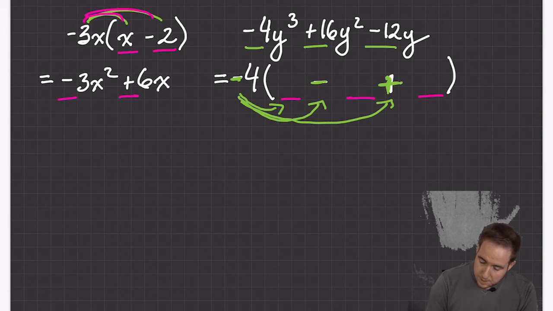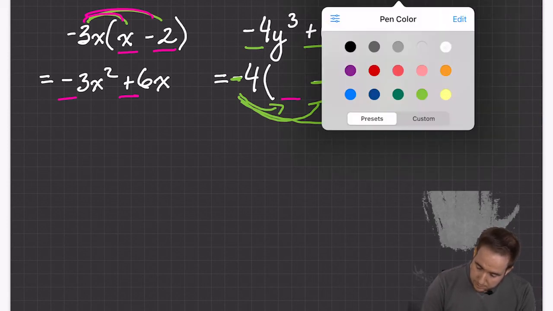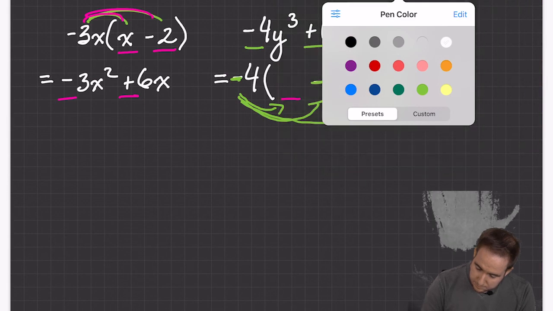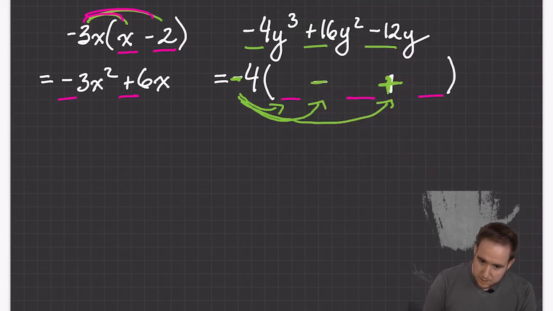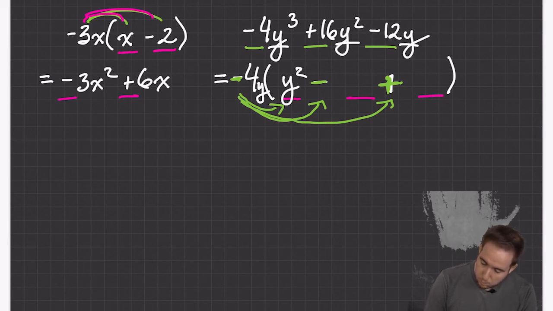And let's just go through and let's do all the rest. So if I pull out a 4, I got so distracted talking about the negatives, I realized that all of these also contain y's. So there is one y, and this will be y squared. 4 times what is 16? 4.